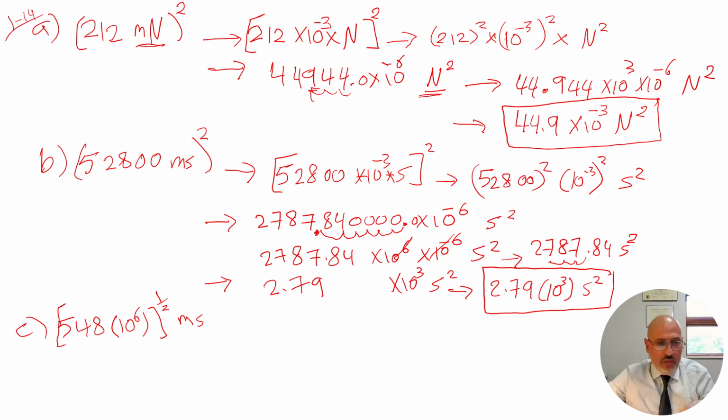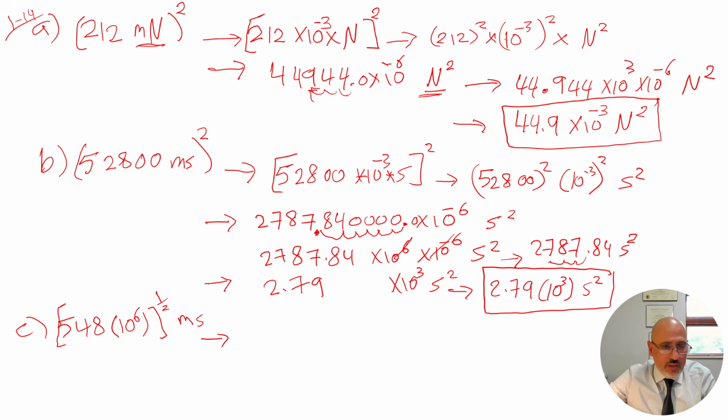So the way you do this is I would like first to distribute the half onto this multiplication, the 548 multiplied by 10 to the power 6, to the power half, and then multiply everything with the millisecond. I don't have a power for the ms here, but I can represent the millisecond with 10 to the power minus 3.